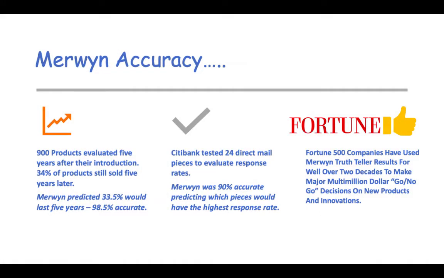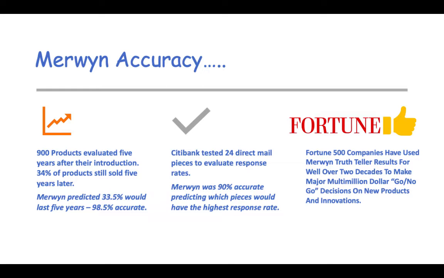Is it accurate? Well, I could do a big data dump on you on this slide of all kinds of stuff. And I'm just going to share a couple of points to underscore the accuracy of Merwyn. In one of the tests, 900 products were evaluated 5 years after their introduction. 34% of the products were still sold 5 years later.